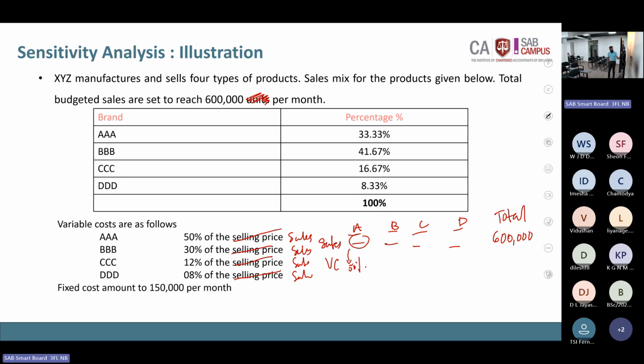For the product B, 30% from this value, and 12% from this value, and 8% from this value. Then you can identify the total variable cost here. The total variable cost, then you can remove this and get the total contribution.